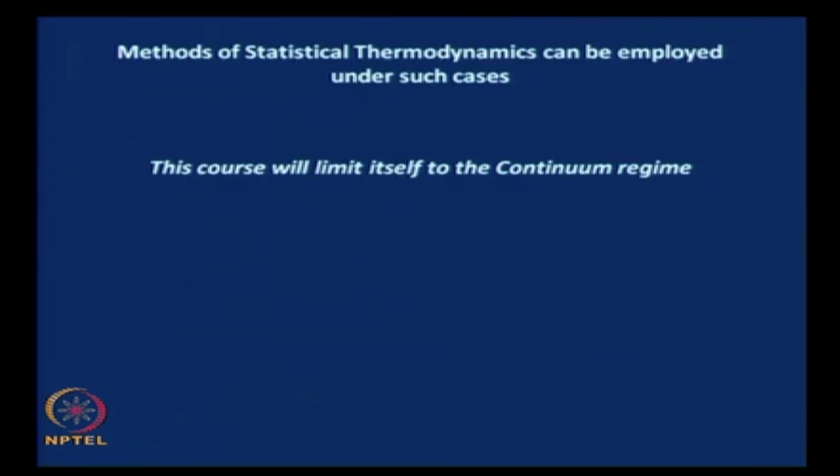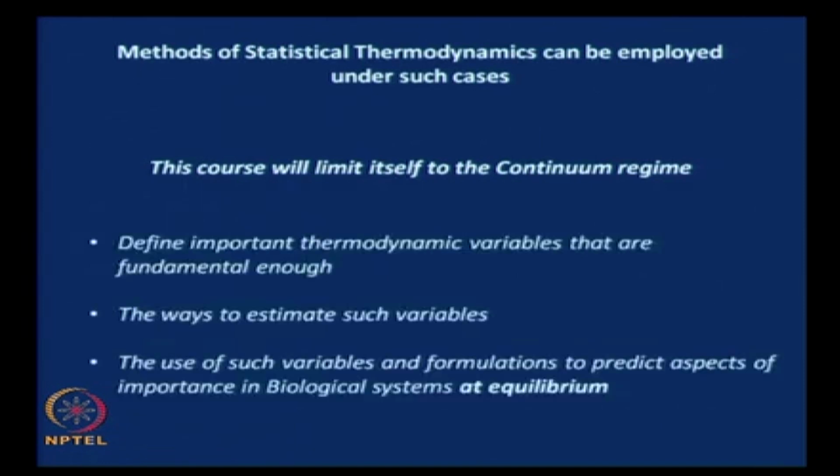This course will limit itself only to the continuum regime, and what we will do in this course is first define important thermodynamic variables that are fundamental enough. We will also look at ways to estimate such variables, and then look at the use of such variables and formulations to predict aspects of importance in biological systems at equilibrium.